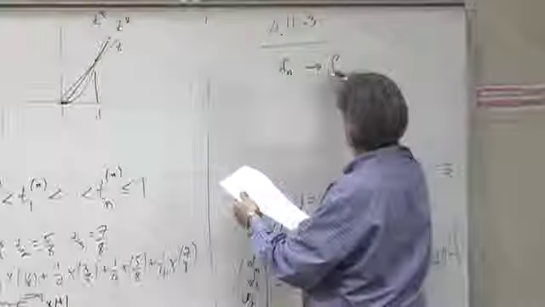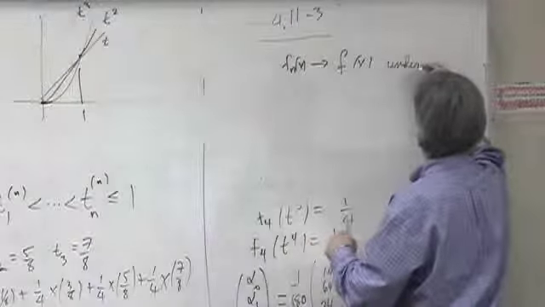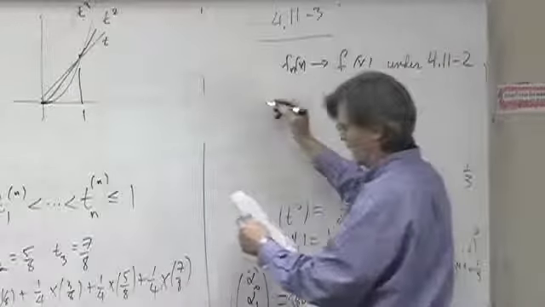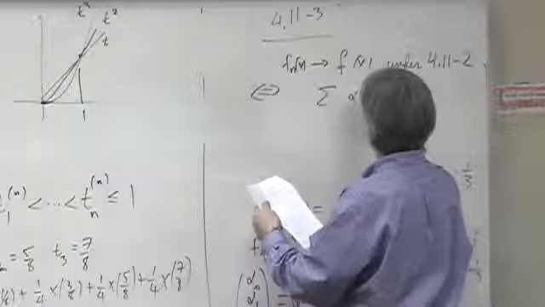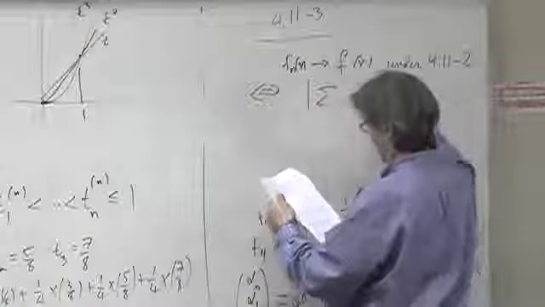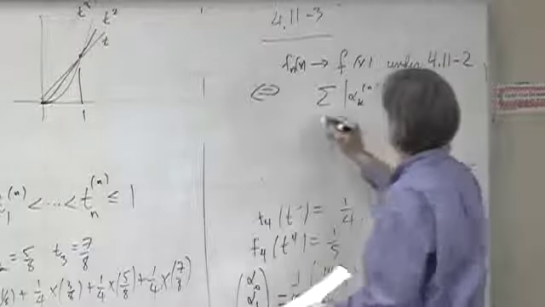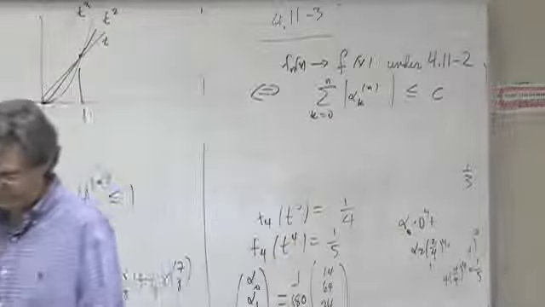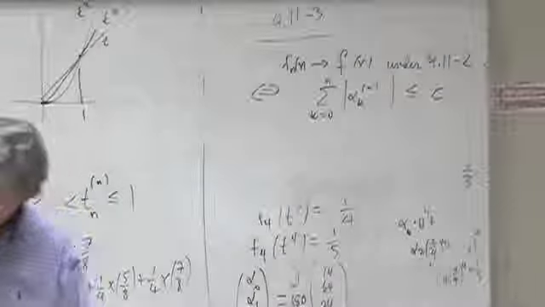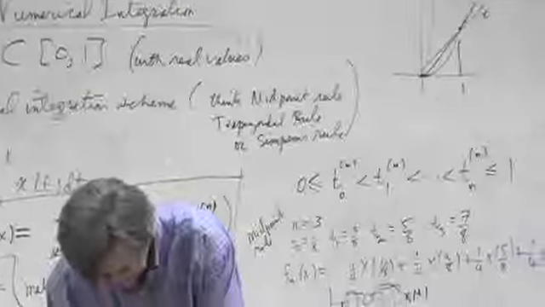Fn of x goes to f of x under 411.2 if and only if the sum of alpha k super n in absolute value, for k going from 0 to n, is less than or equal to c for all n. That's the theorem, and that follows exactly from 49.7.